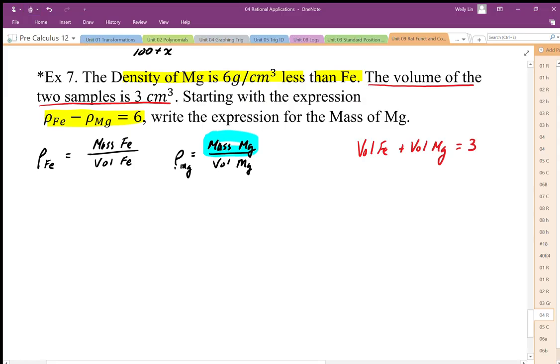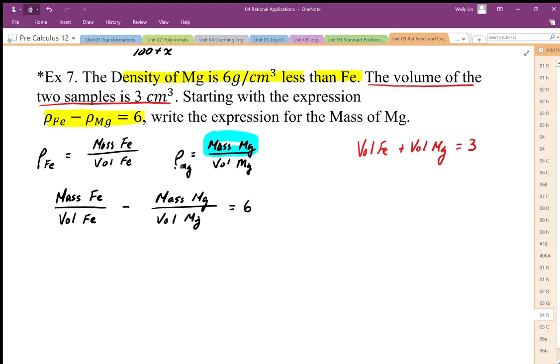The density of iron minus the density of magnesium is equal to 6.